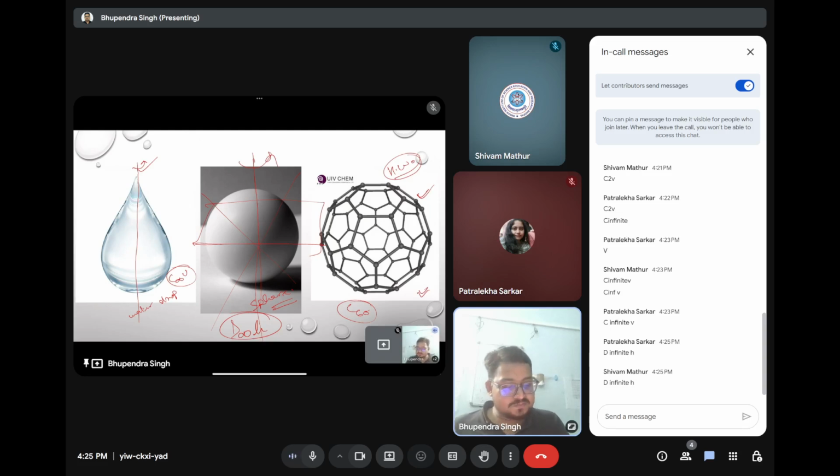Also search this fullerene C60, or you want to give it a try. Imagining this molecule is difficult. Let's try. Okay, try.